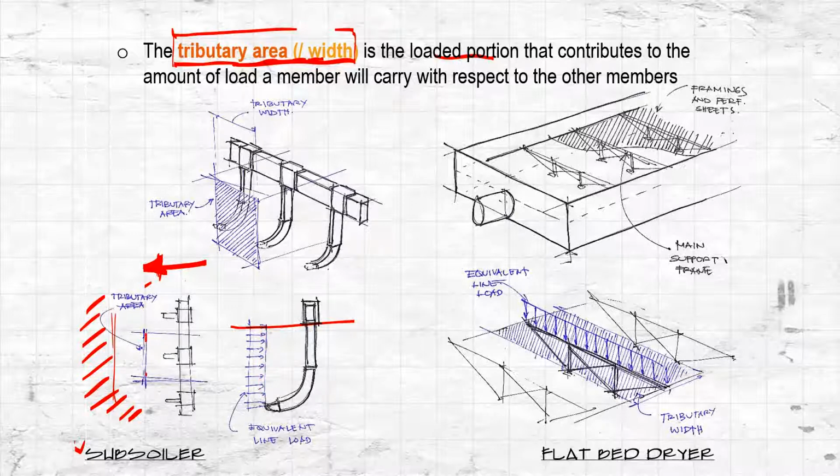That's what the tributary area does. Sometimes this is called the tributary width. From this loaded area, we can convert it into equivalent line loads.